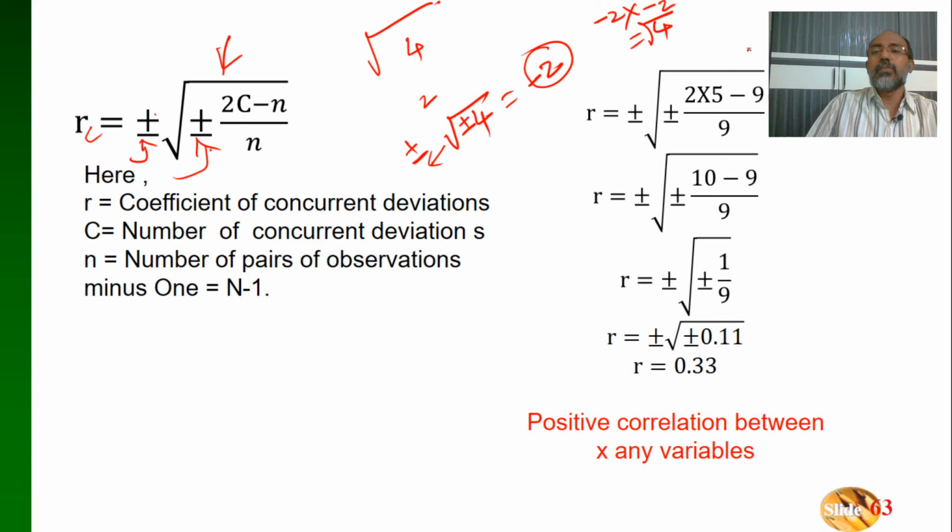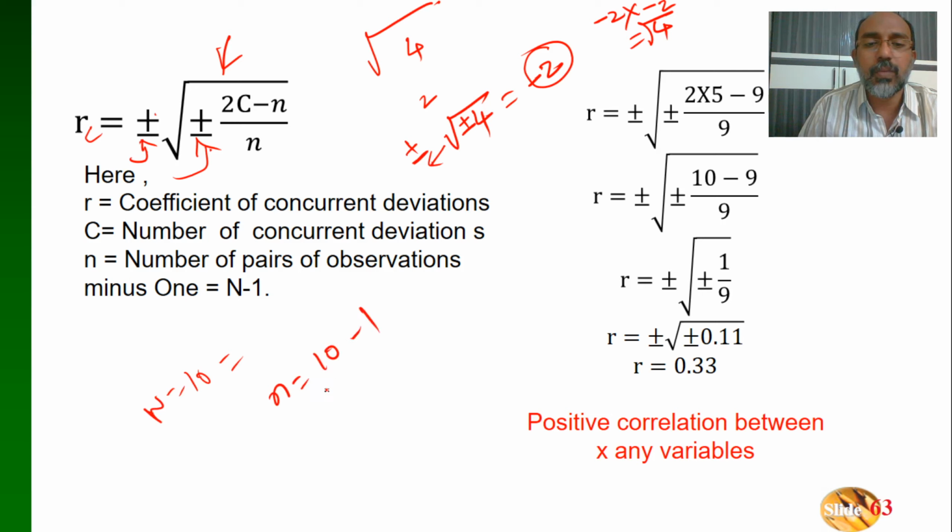Okay, so we take the values. How many C's are there? 5 C's. The 2 is given in the formula itself. 2 into 5, minus what is 9? Small n is equal to capital N minus 1. N is equal to 10, so 10 minus 1 is equal to 9.